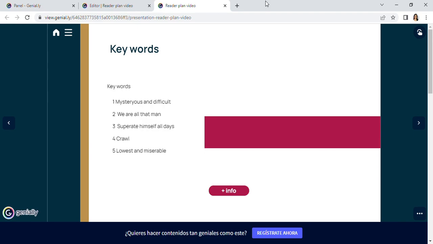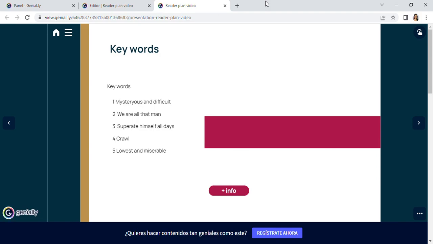He's trying to compare us to that man that is like all of us because he says we are all that man. The third one is separate himself all days. We already know what he, that man, is trying to do all days.